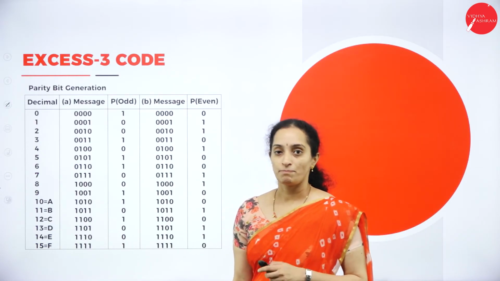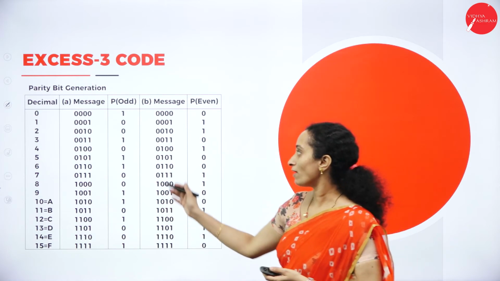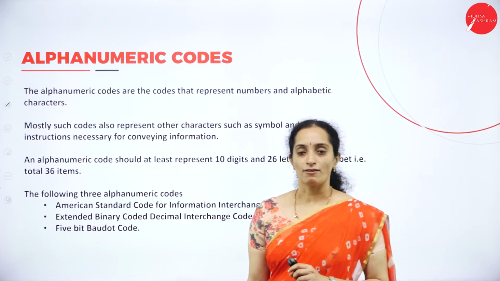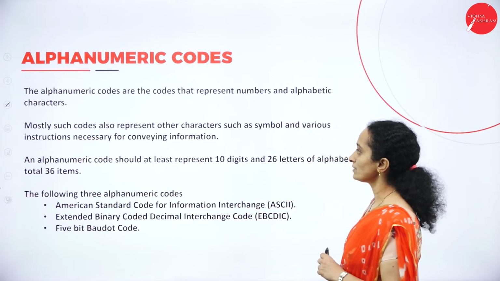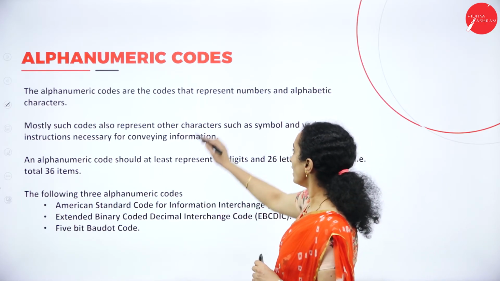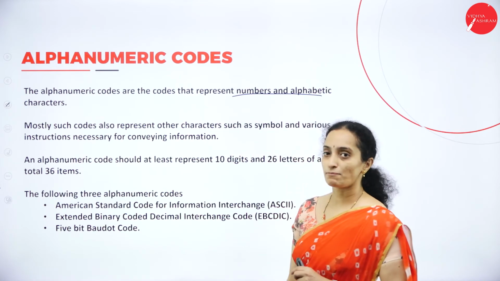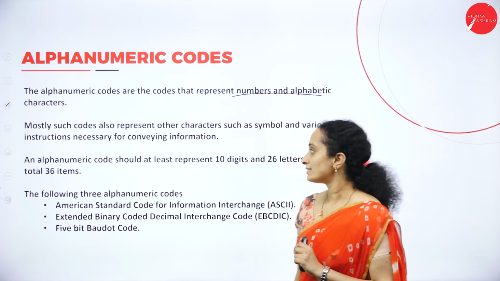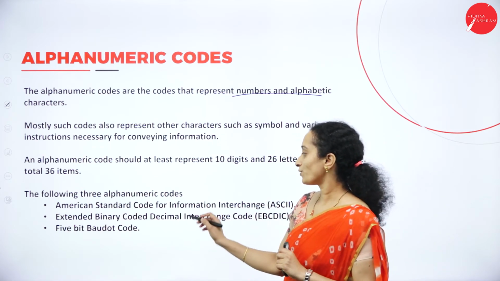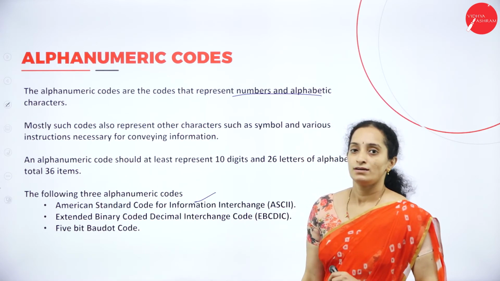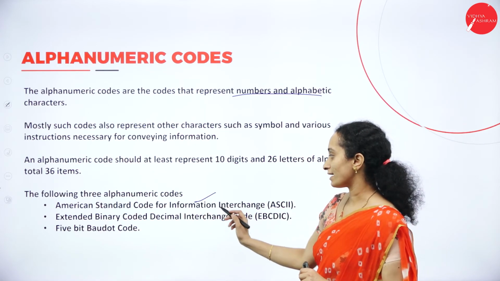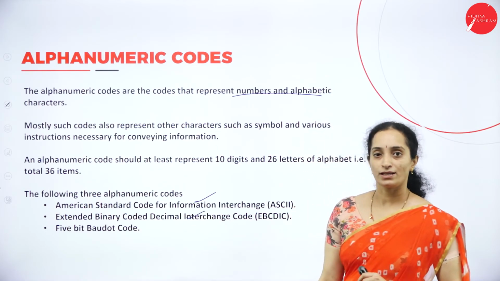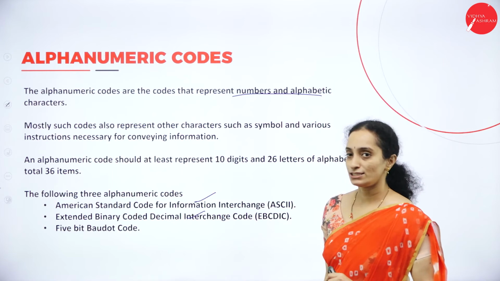Next we have parity bits, generating odd parity and even parity. Next are the alphanumeric codes. What are alphanumeric codes? They represent the numbers, alphabets as well as the characters or symbols. In alphanumeric codes, we have ASCII, American Standard Code for Information Interchange, and Extended Binary Coded Decimal Interchange Code.